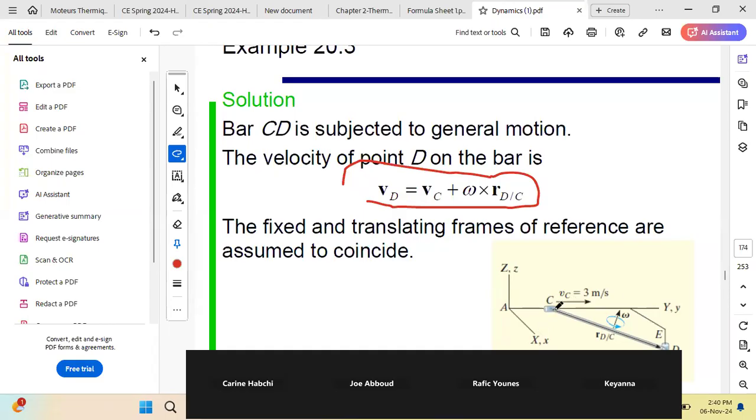Point C is translating, so you can attach small x, small y, small z to it, and study the relation between the velocities of points C and D. If you remember, we did this in chapter 16. We considered a frame fixed to C, and we said how to determine the velocity of D with respect to this frame. So we need to consider first the velocity of the origin of the frame, which is point C, plus the velocity of D relative to C.